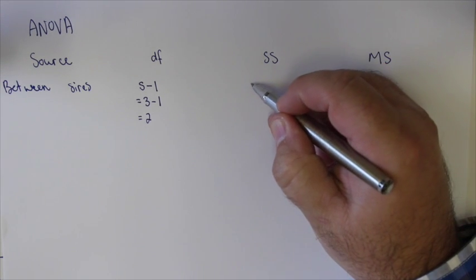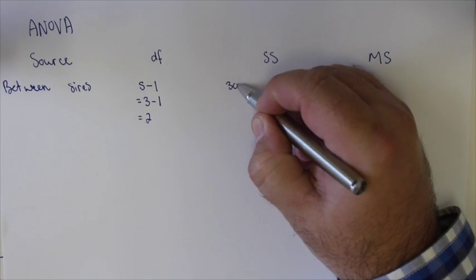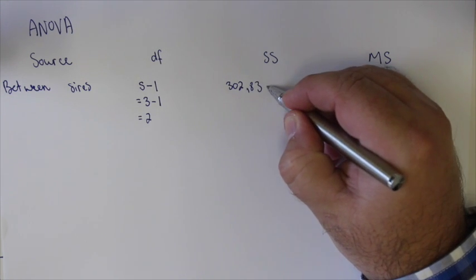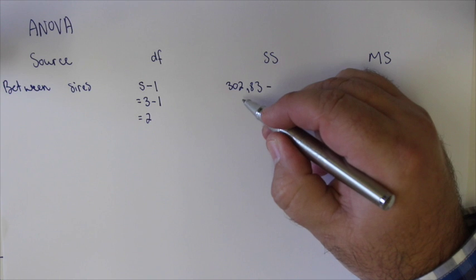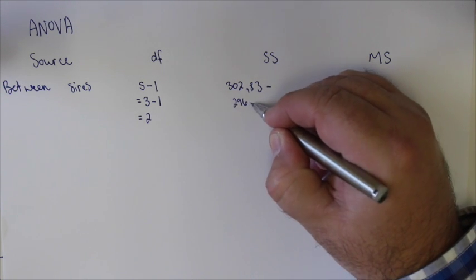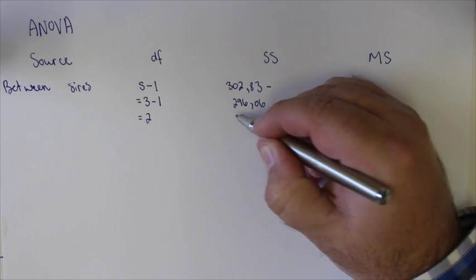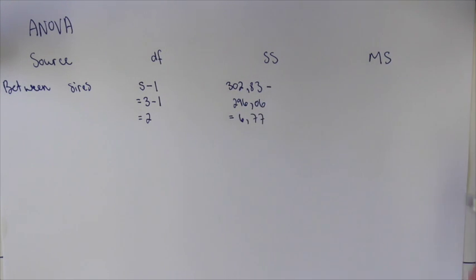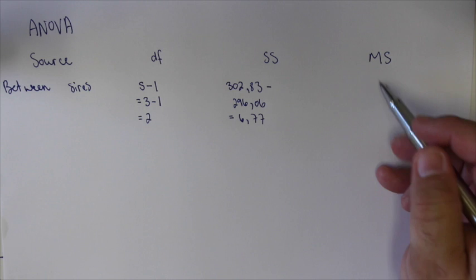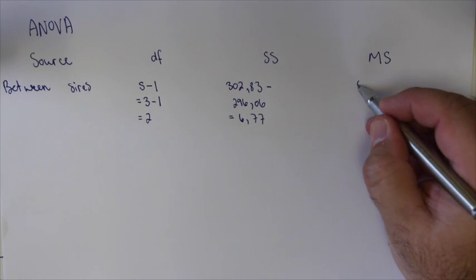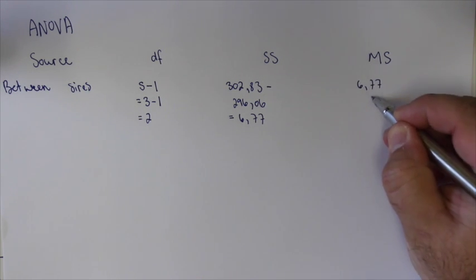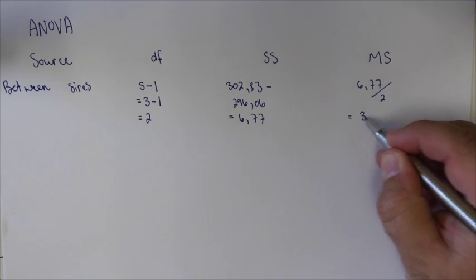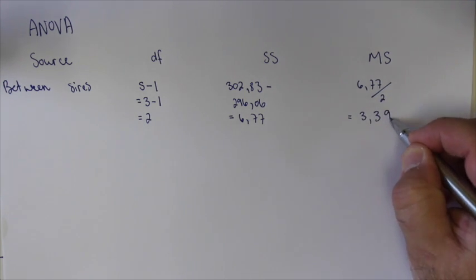Our sum of squares is 302.83 minus 296.06. That leads to 6.77. Now remember the mean square, in other words the average: you take 6.77 divided by 2, and it gives you a mean square of 3.39.